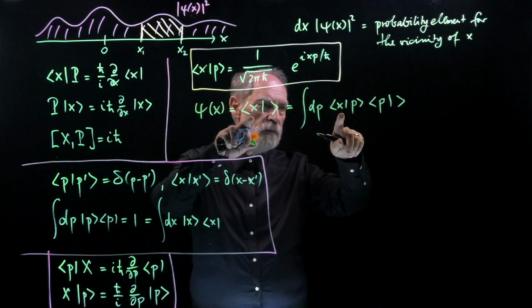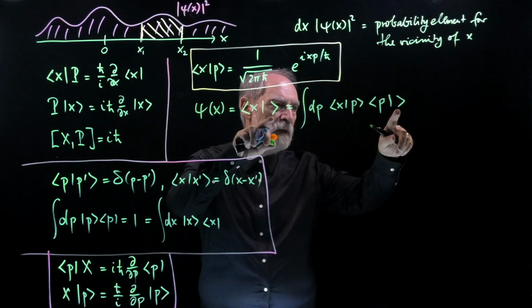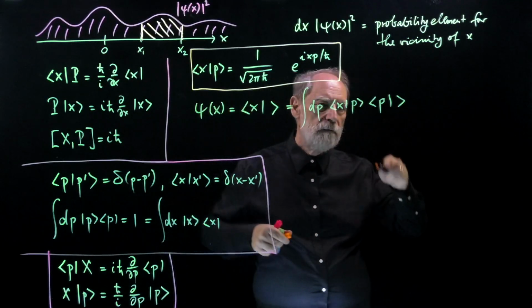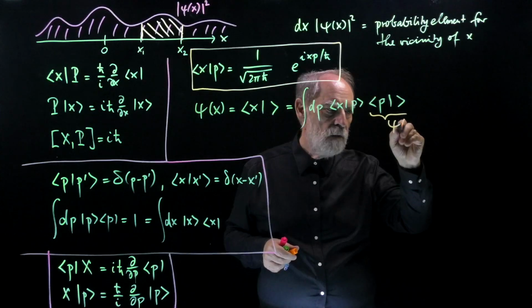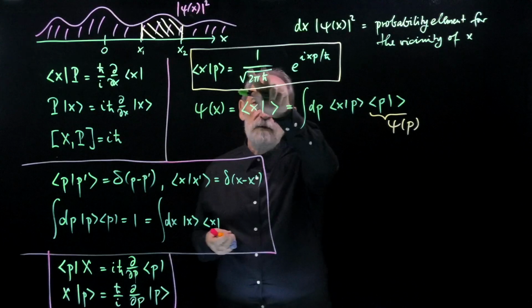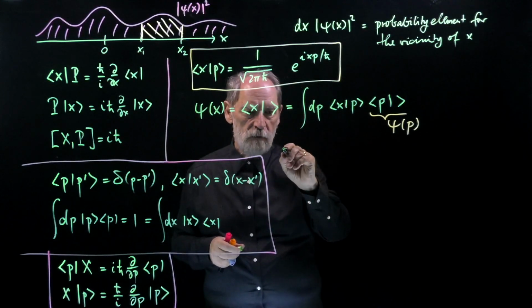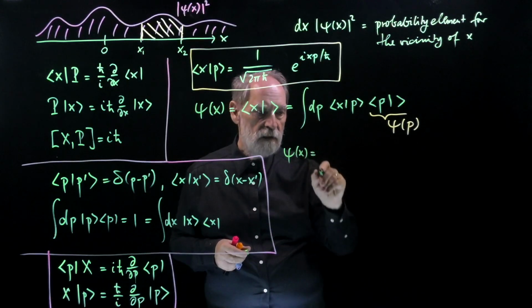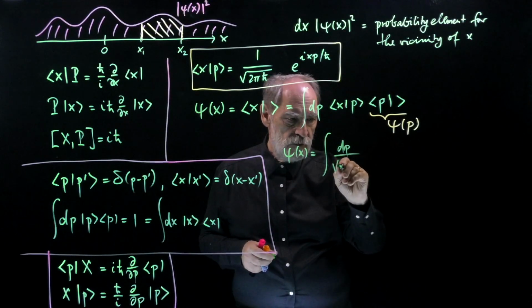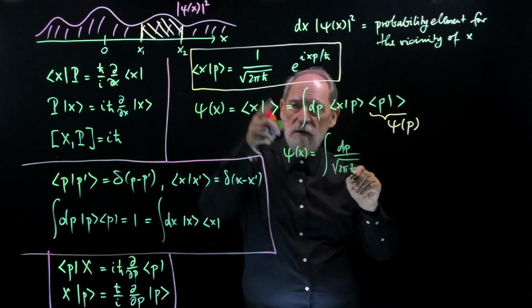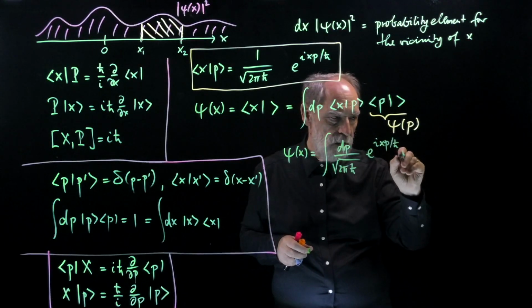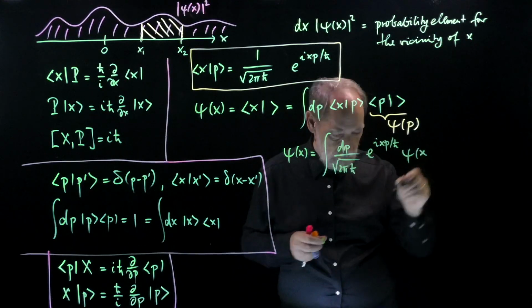There is the position bra, and there is the state ket. But now, here, we have the momentum wave function psi of p, and here we have the transformation function. So what we find is that psi of x is equal to the integral over p of 1 over the square root of 2 pi h bar, which is this factor that we just found, e to the i xp divided by h bar, psi of p.